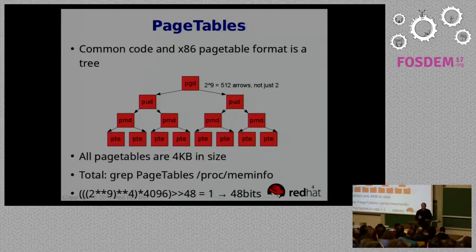And this format also enforces how much virtual memory you can have in the x86-64 architecture. If you do the math at the bottom, the result is 48 bits. It's based on this format. There are 47 bits for the userland and 47 bits of negative address space for the kernel. The kernel takes all the negative address space.